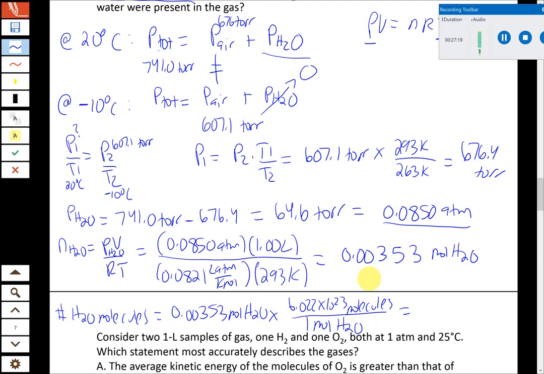And so what we should get is something like 2.13 times 10 to the 21st molecules.